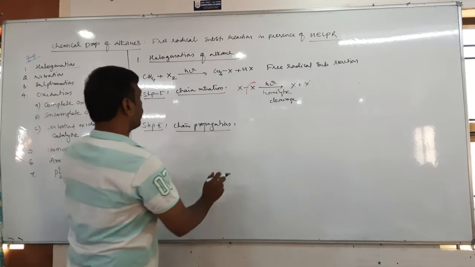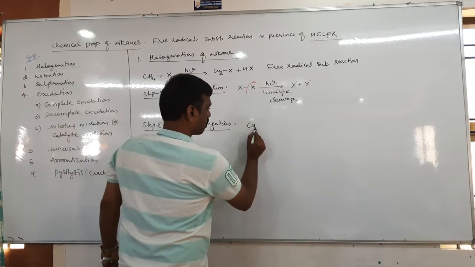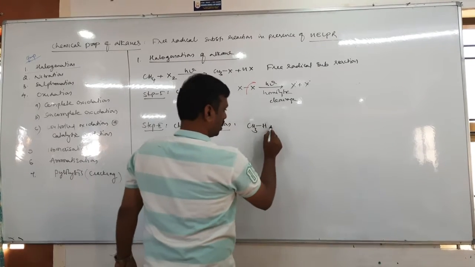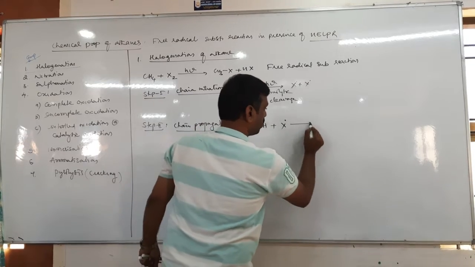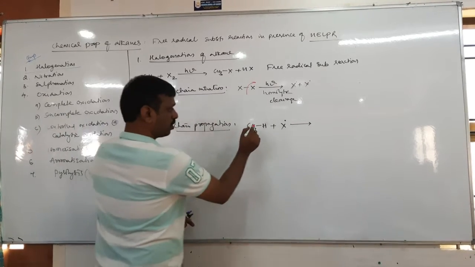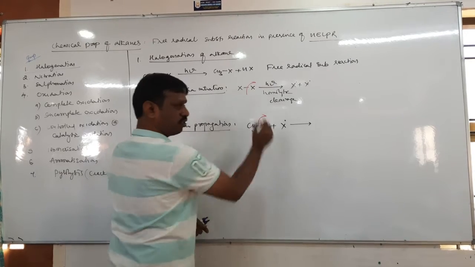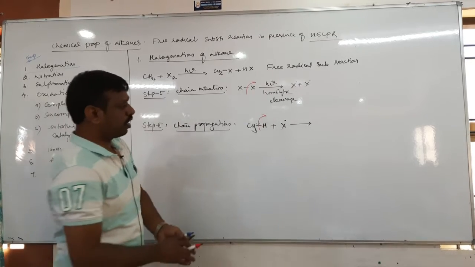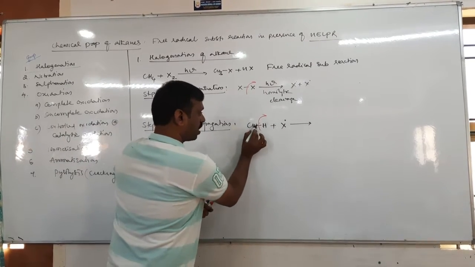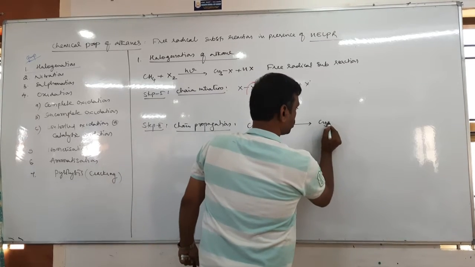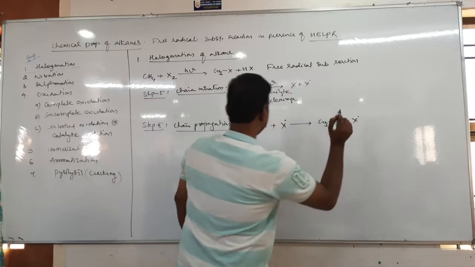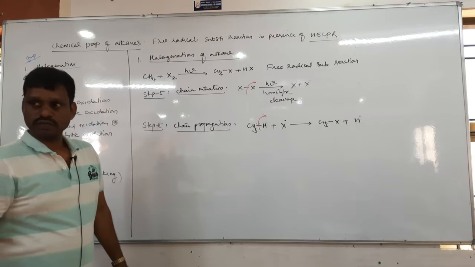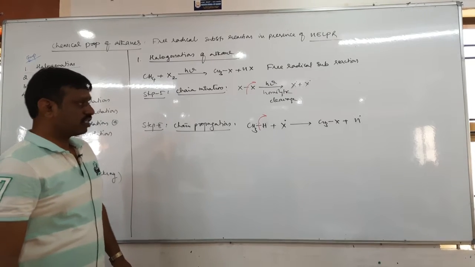In chain propagation, let us take methane, CH3-H, CH4. This methane reacts with the halogen free radical. In methane, this carbon-hydrogen bond undergoes homolytic cleavage, with half-headed fish hook arrow, right? So therefore, what happened? Now methyl radical, X radical, you will get CH3X plus X radical plus H radical. Okay, so this is chain propagation.